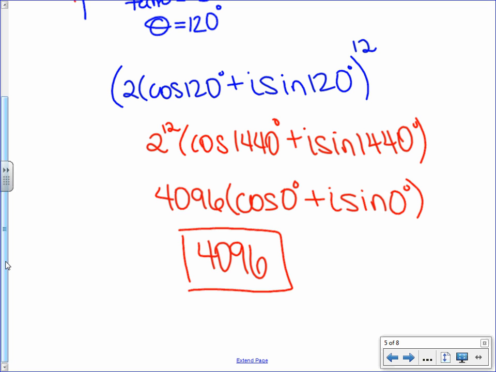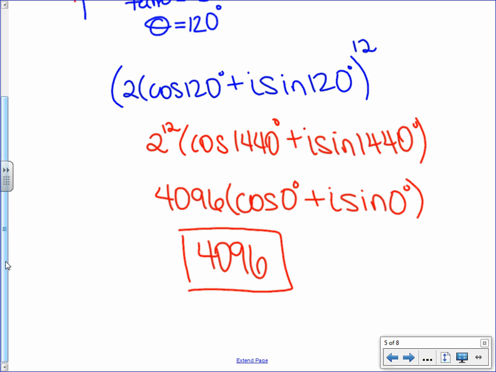Now let's talk about roots. What do I mean by root? Let me rephrase that.